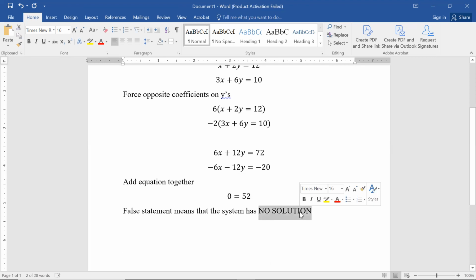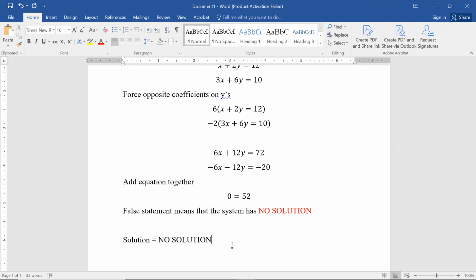And that is our answer, that this system has no solution. So if I said, what is the solution? The answer is the fact that this has no solution.